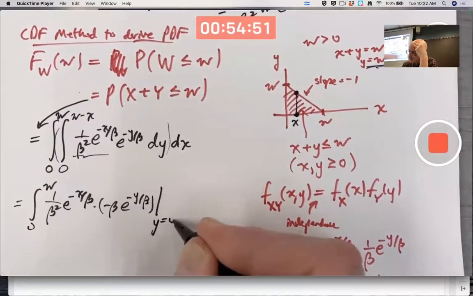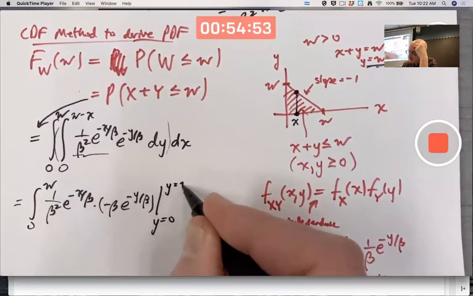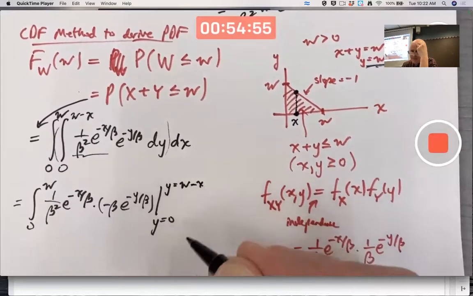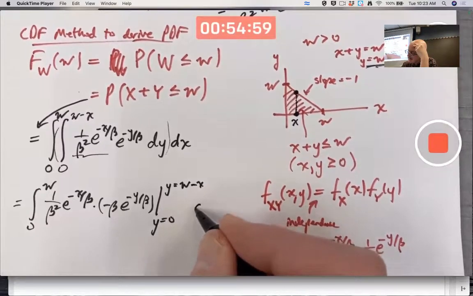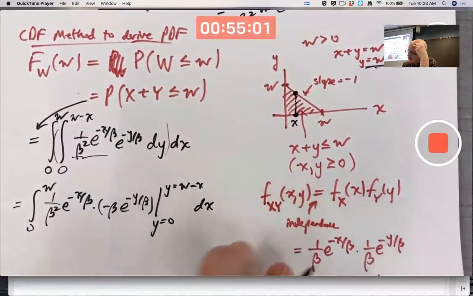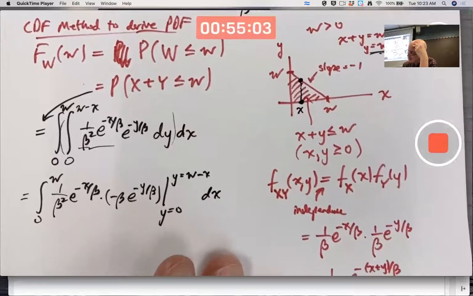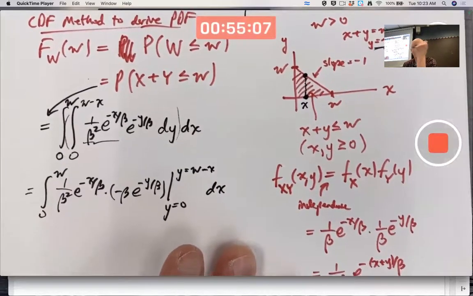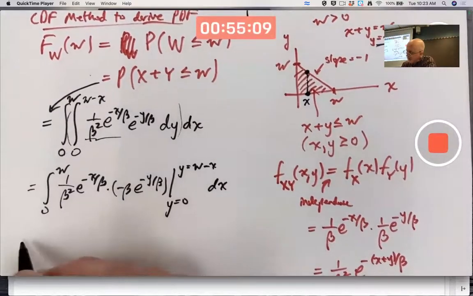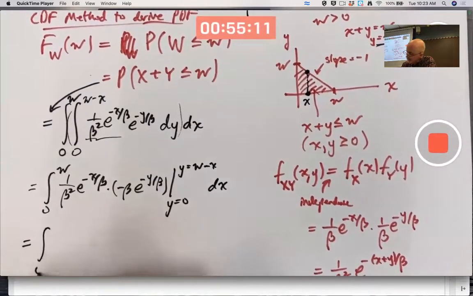Y goes from 0 to w minus x. Yeah, we are going to get the w minus x involved in place of y. What will that do? Let's just see what happens.